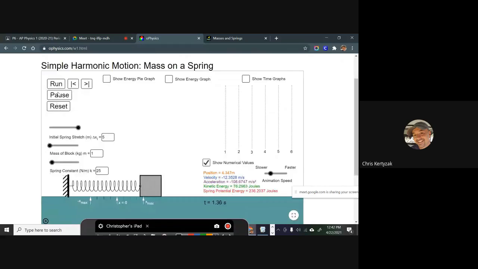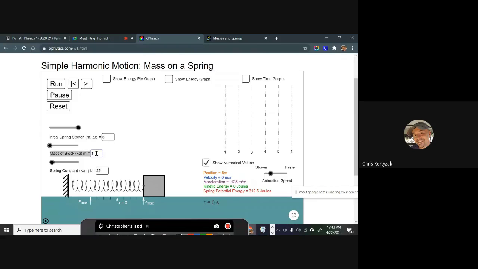Or you can keep K the same and just change the mass. Again, I could make this much less, like 0.2 kilograms. Oh, 1 is the minimum.